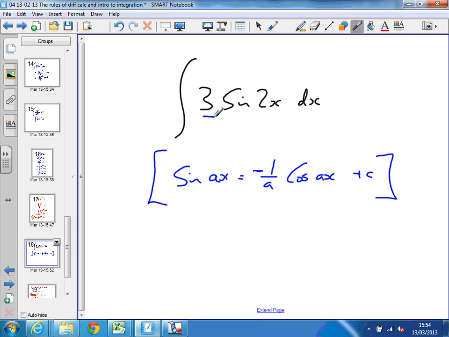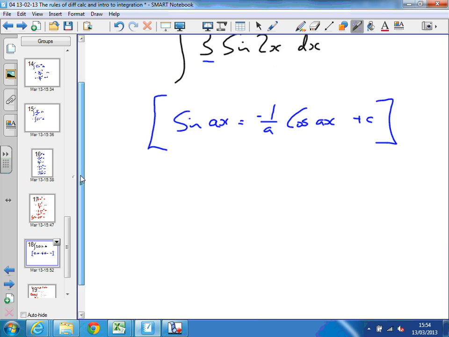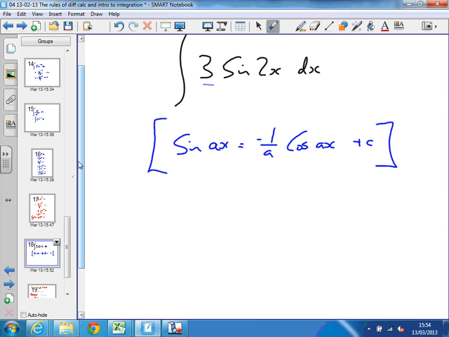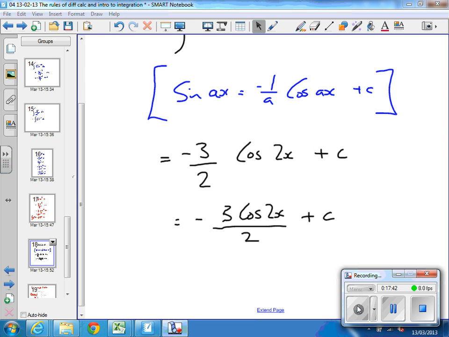So in this particular case, the answer equals 3 over 2, but negative because that's what the rule tells me, cosine of 2x plus c. It could be written like this, all divided by 2 plus c.